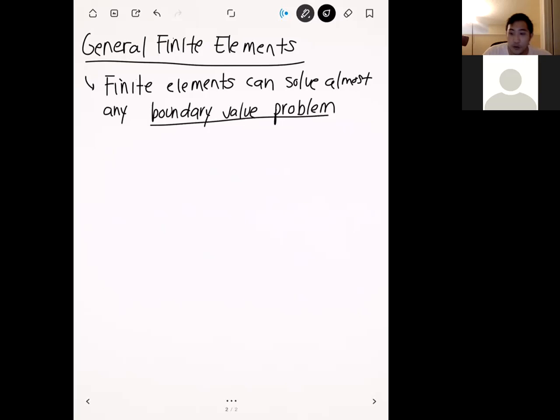And if you remember from last time, we talked about what a boundary value problem is, right? A boundary value problem has three, I like to call, three components to it, okay? Yeah, this is note 06. So there's three components to a boundary value problem. And so first of all, you need your domain, okay?